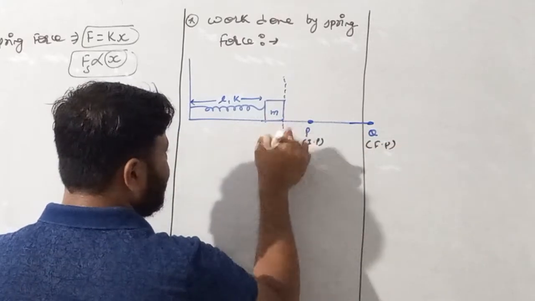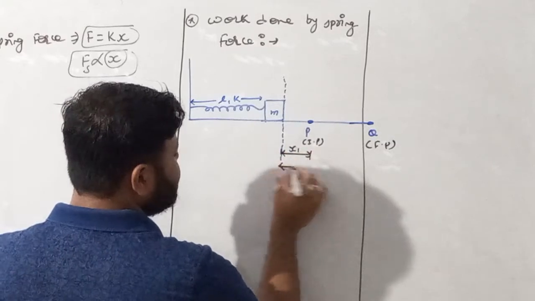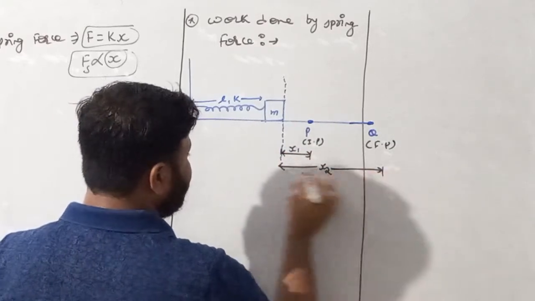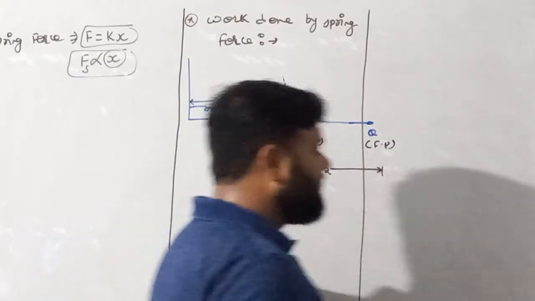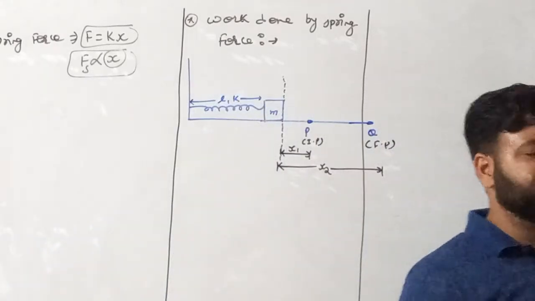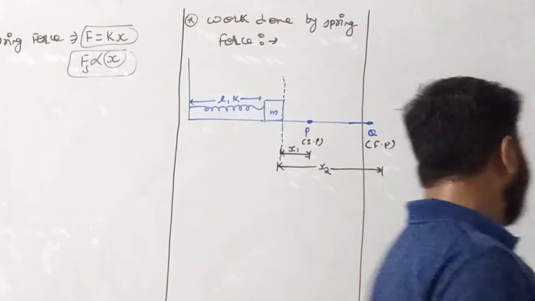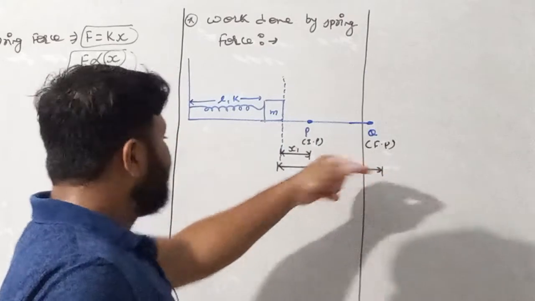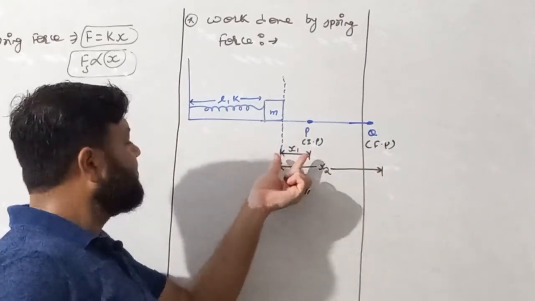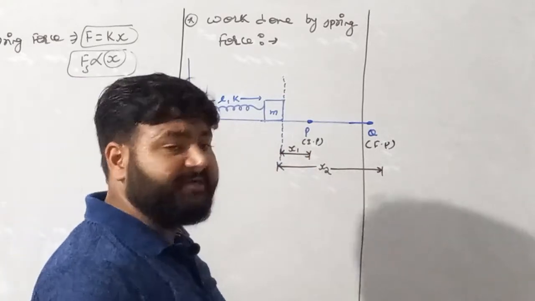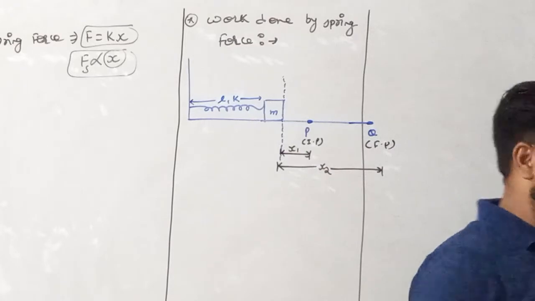From the original position, the initial point is x1 distance apart and the final point is x2 distance apart.